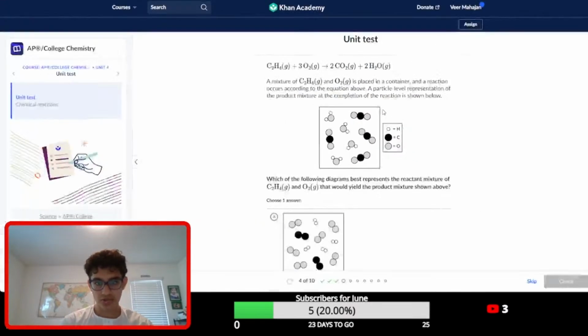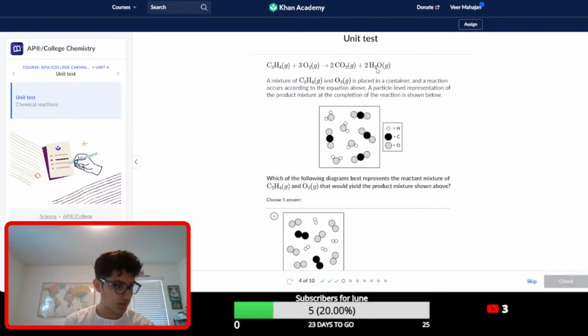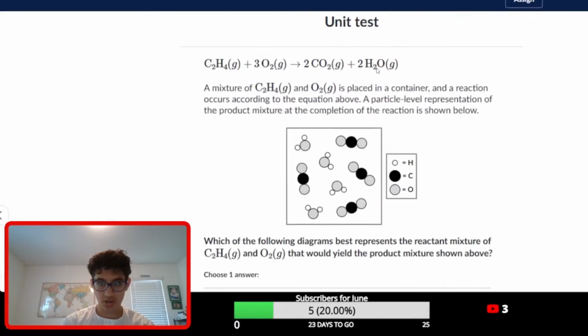Okay, a mixture of C2H4 and O2 gas is placed in a container, and a reaction occurs according to the equation above. So we've got that equation. A particle level representation is shown below of the products. So let's take a look then. Water is H2O, obviously, which is these small things.